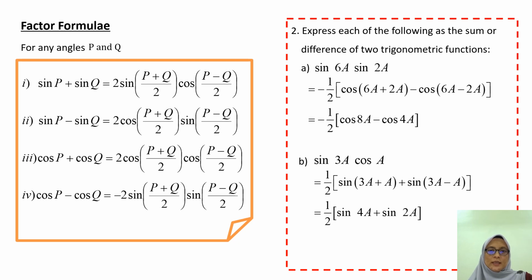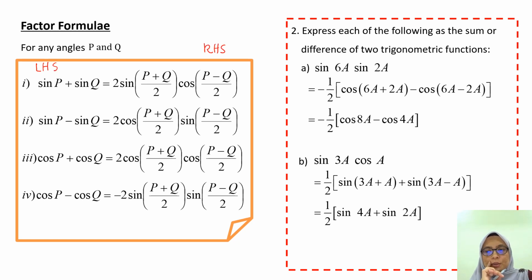Okay, so next, express each of the following as the sum or difference of two trigonometric functions. Okay, so sin 6a sin 2a. So here we have to reverse from the left hand side to the right hand side.